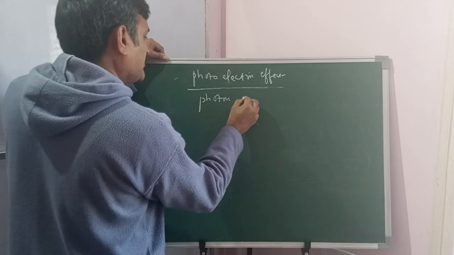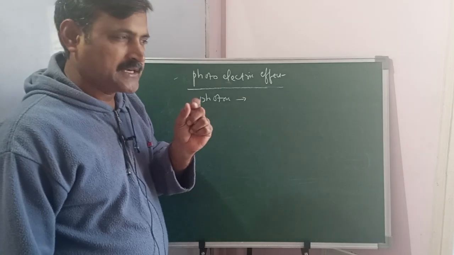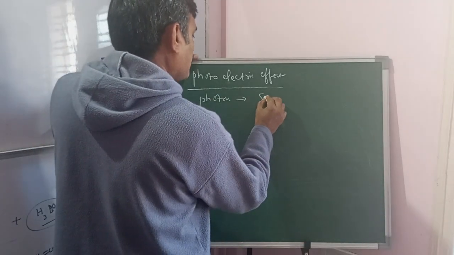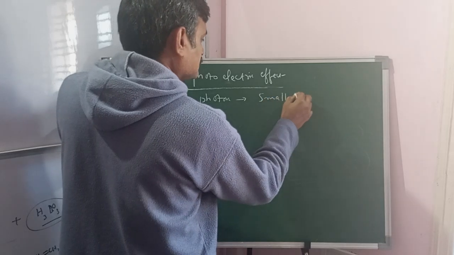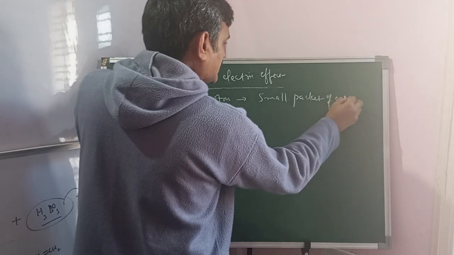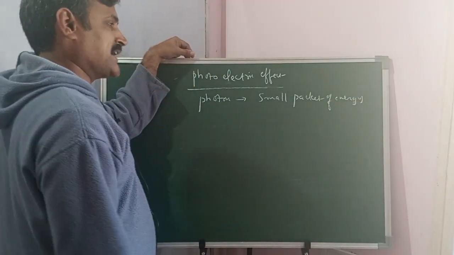So whenever we call a photon in this concept, a photon is nothing but a light particle, a small packet of energy, which is taken as a quantum in Max Planck's quantum theory.